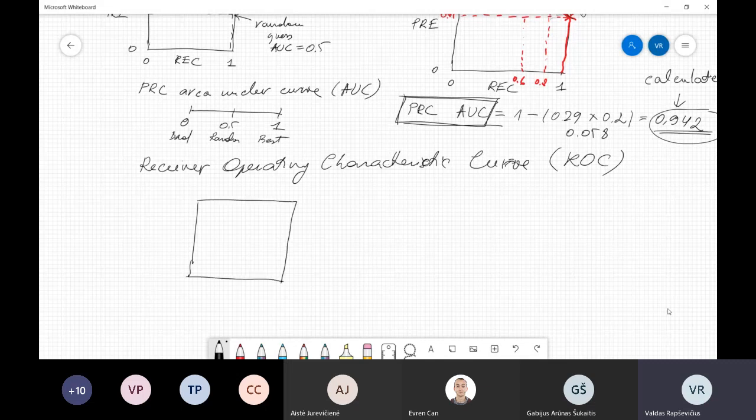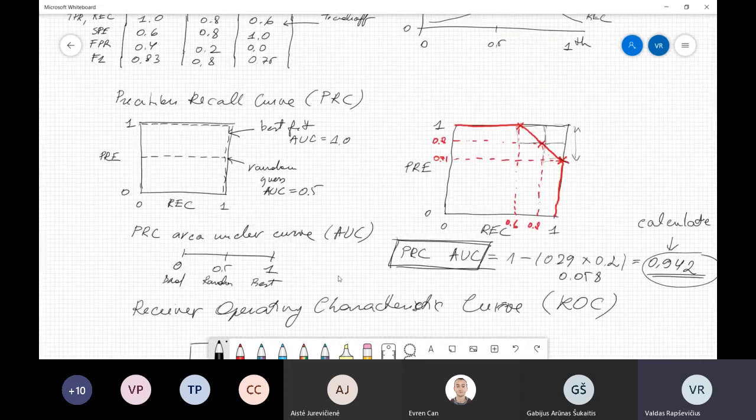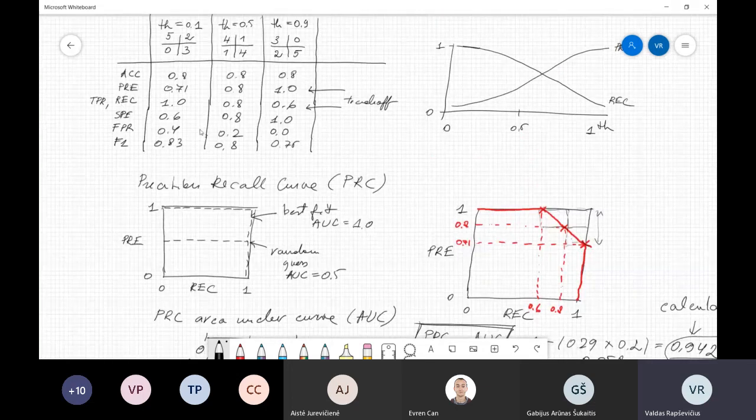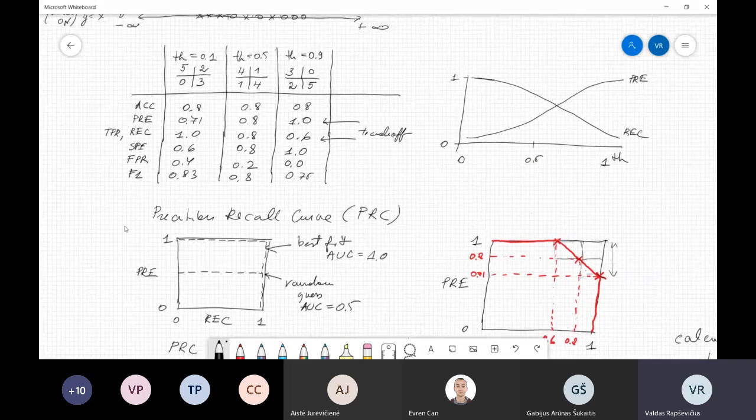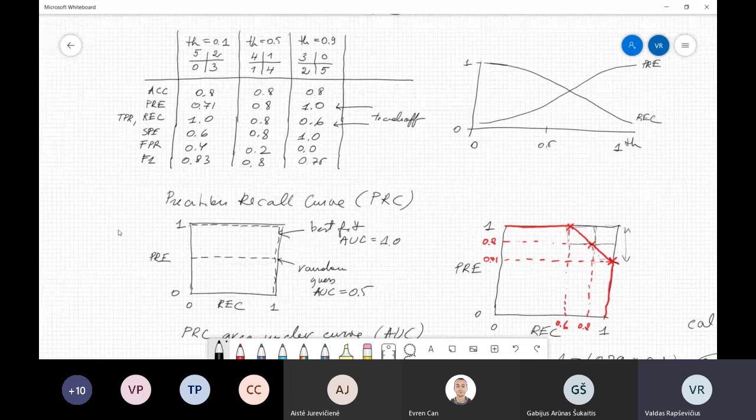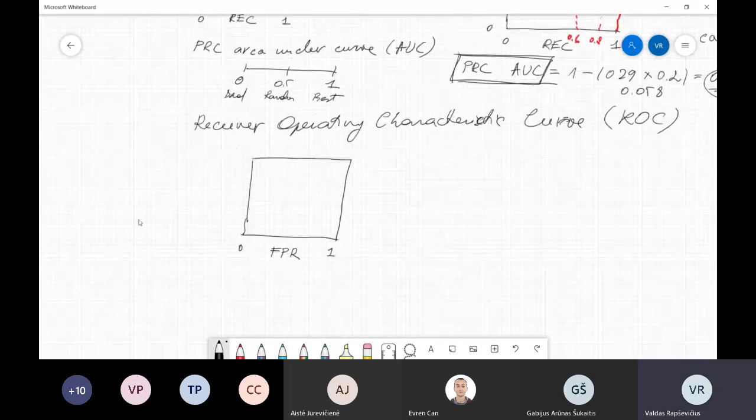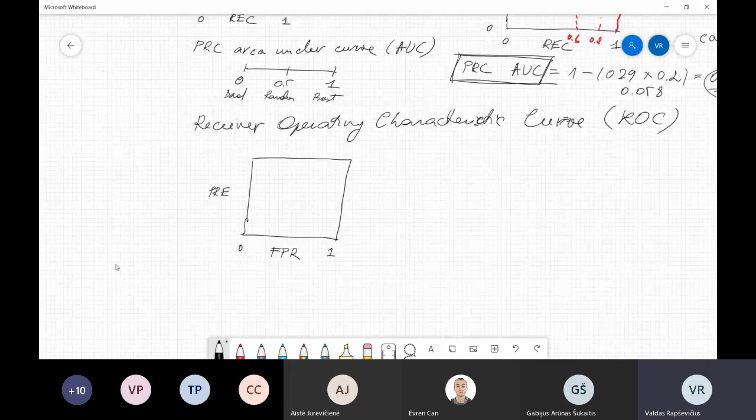We have a box where we match the false positive rate from 0 to 1, right? So false positive rate, we had these guys, 1 minus specificity, right? 1 minus specificity. Okay, false positive rates, these guys. Okay, and we have a precision from 0 to 1 goes like here.